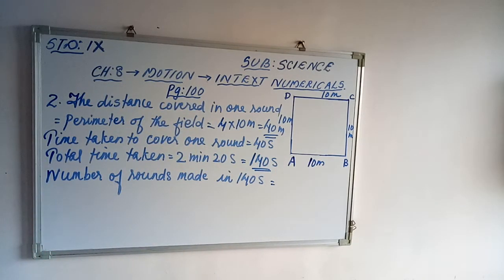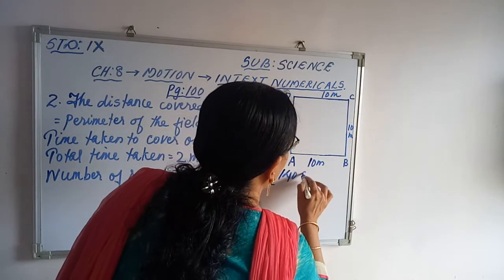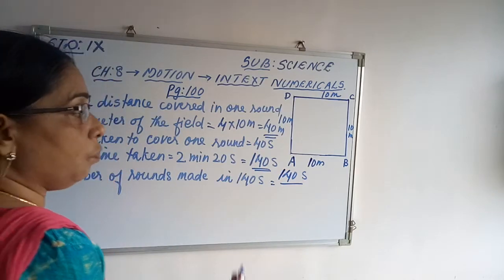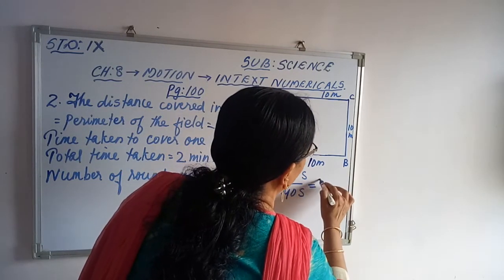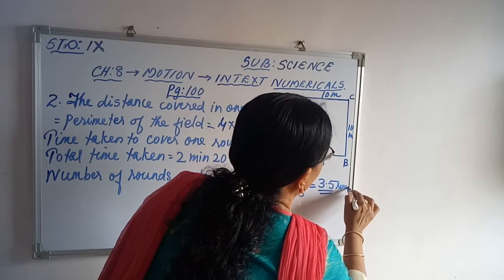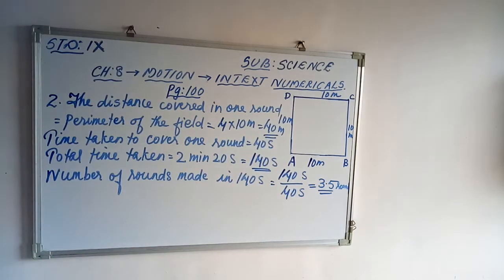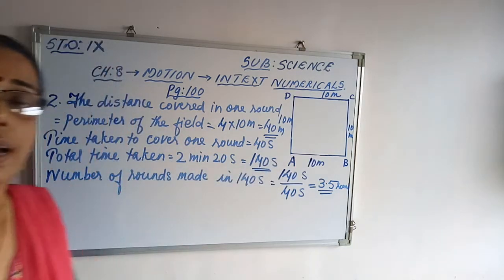Then the number of rounds made in 140 seconds can be found by dividing the total time by the time taken for one round, that is 40 seconds. That's equal to 3.5 rounds. So in 2 minutes 20 seconds the farmer makes 3.5 rounds around the field.